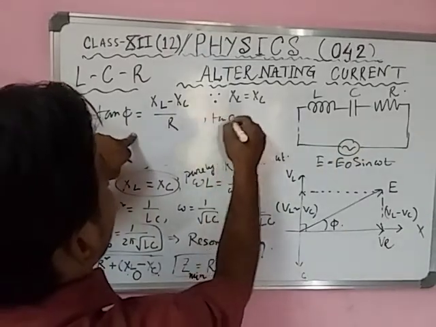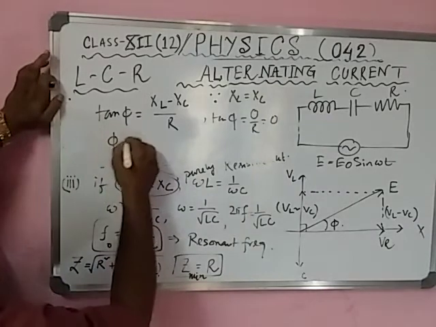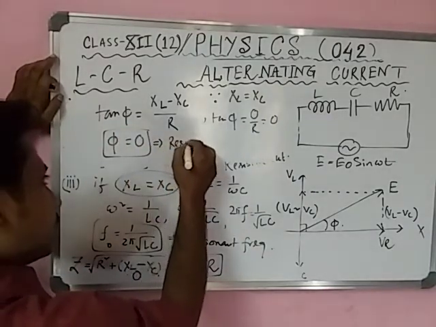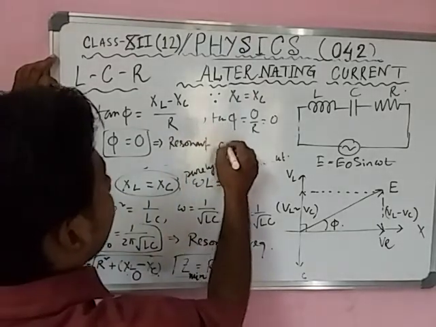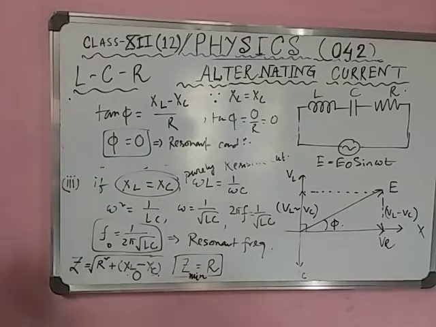So tan phi equal to 0 by R, which means 0. So phi will be 0. So this is the resonant condition. Understood? In the resonant condition, phase difference phi equal to 0 and Z equal to R.